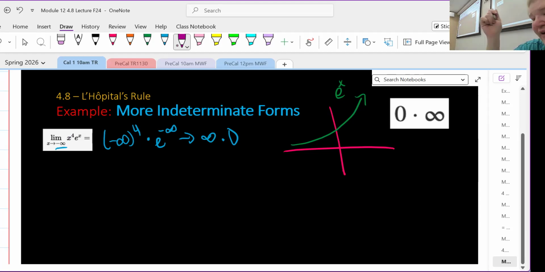Yep, we use a negative exponent. So I could move x to the fourth to the denominator and make it x to the negative fourth. But then if I start doing derivatives of that, I'd have negative 4 minus 5. Those derivatives are going to get more and more negative powers, so it's not actually going to resolve my derivative nicely. I'll just keep getting indeterminate forms forever. So I'm going to move the e to the x to the bottom.